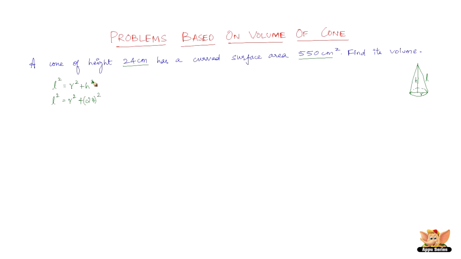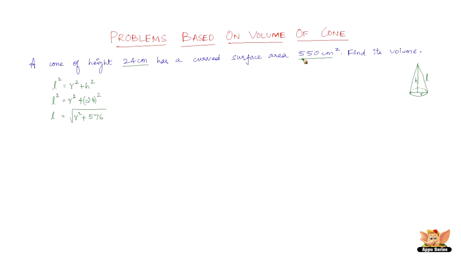Of course, we have to assume that the radius of the cone be r centimeter, the height be h centimeter and the slant height be L centimeters. So we have L equal to root of r square plus 24 square, which is 576.